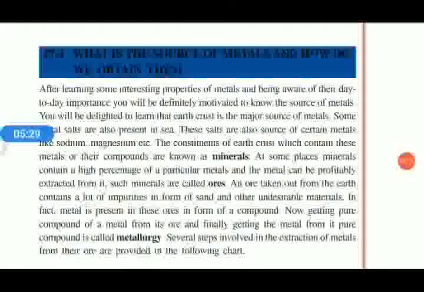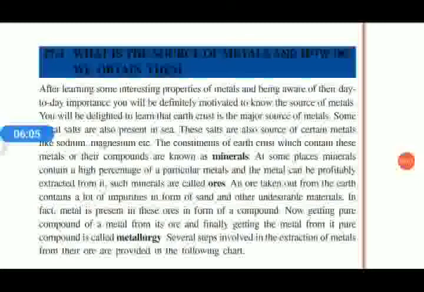Similarly, you may have heard about the KGF, Kolar Gold Field in Karnataka. It's a gold mine. We get gold from there. There are a lot of places in the earth's crust, in different parts of the world, where we get some special metal. That is known as ore. Ores means that in some places minerals contain a high percentage of a particular metal and we can profitably extract it from it.